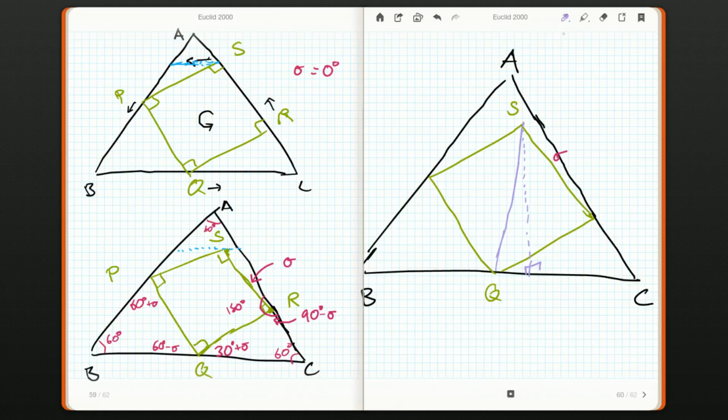And then that's going to be 45 degrees plus 30 plus sigma. So the whole angle is going to be 75 plus sigma degrees.